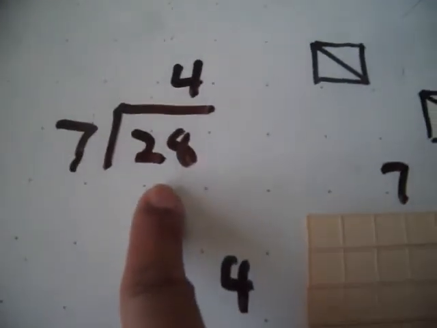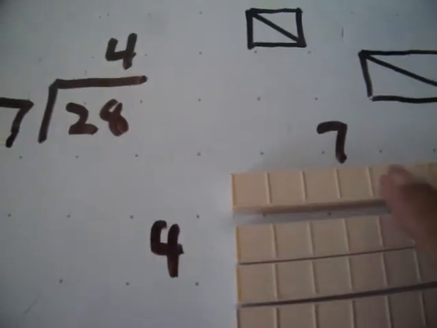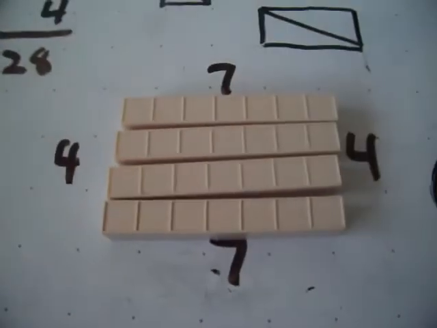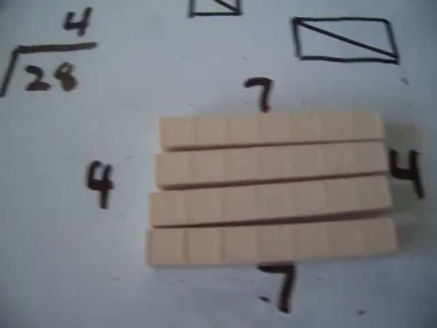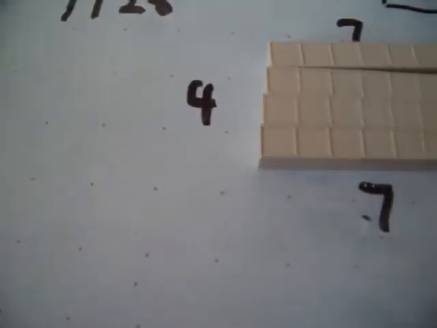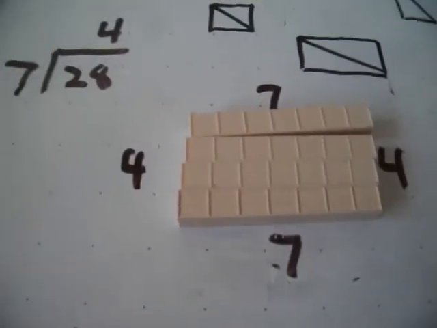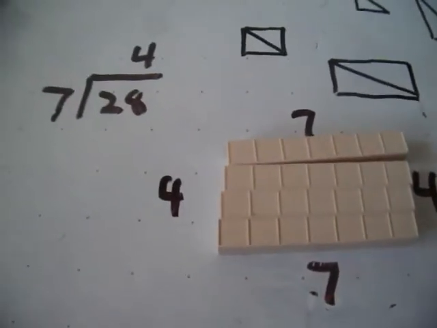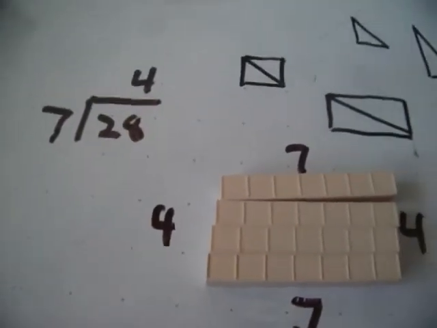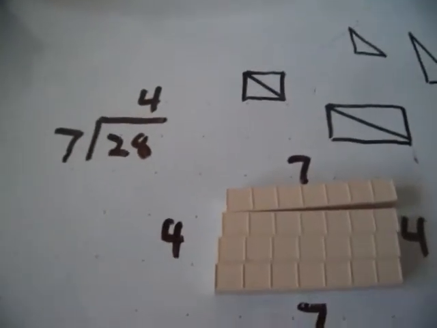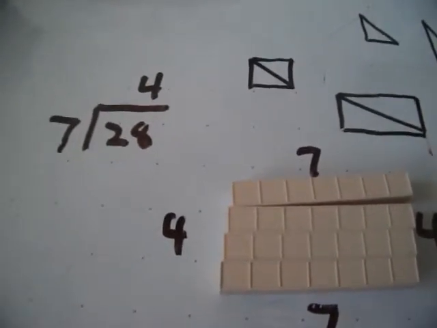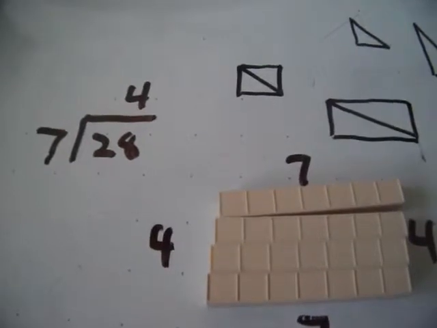Okay, and what are we saying? 7 is contained in 28 4 times. You see it? 1, 2, 3, 4 of them. That's what we're doing. We're counting 7s. But if I said I had 28 cookies, and the 4 of you, because there's 4 brothers here, were splitting up the cookies, each one of you would get how many cookies? I think everyone will get 7 cookies.